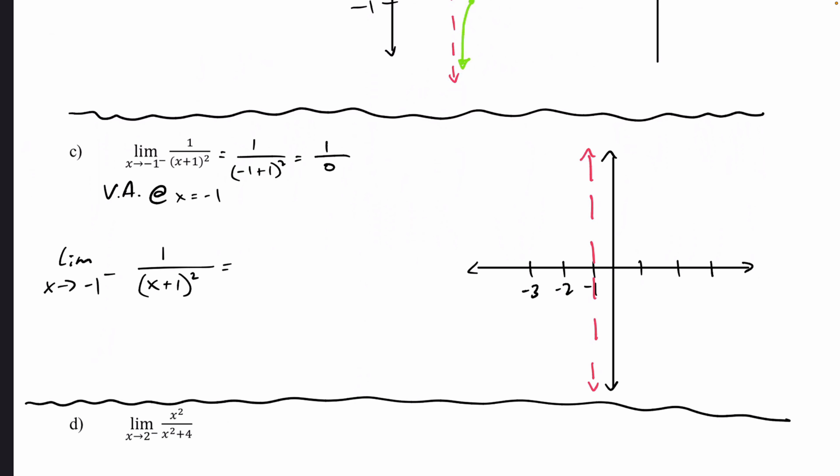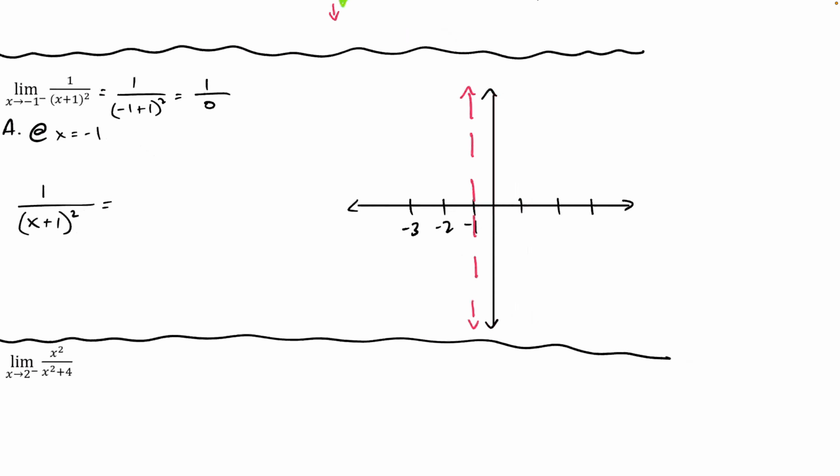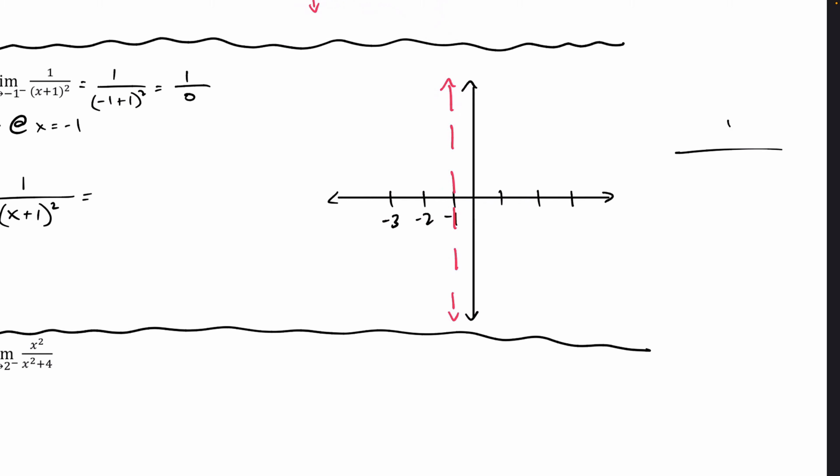So I'm going to plug in some numbers here. x, f of x. So negative 3, negative 2. If I plug in negative 3, I get 1 over negative 3 plus 1 squared. That will be 1/4.